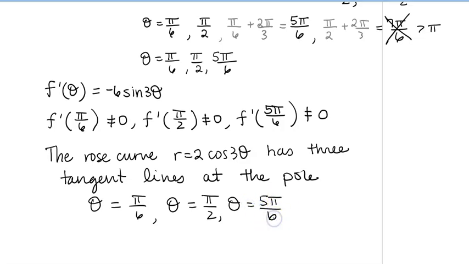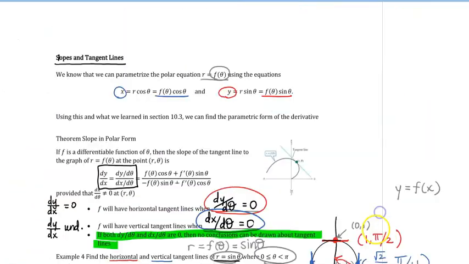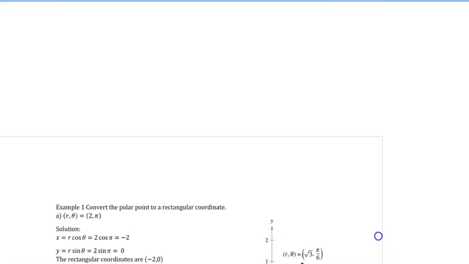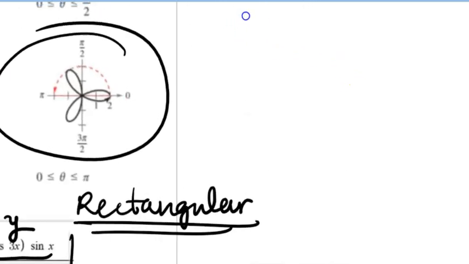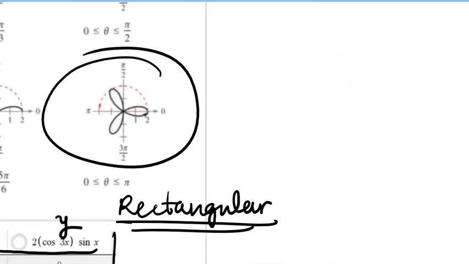And the last thing I want to show you is that these answers do make sense considering that we know what the rose curve looks like. Here's the rose curve that we graphed originally. The tangent lines that we're seeing are the lines when the angle is pi over 6 at the pole. That green line is at an angle of pi over 6.